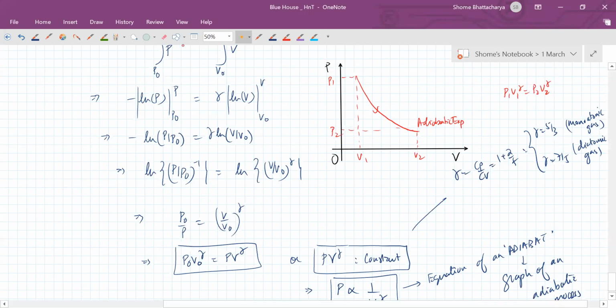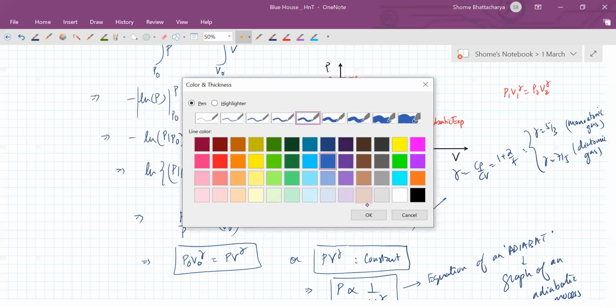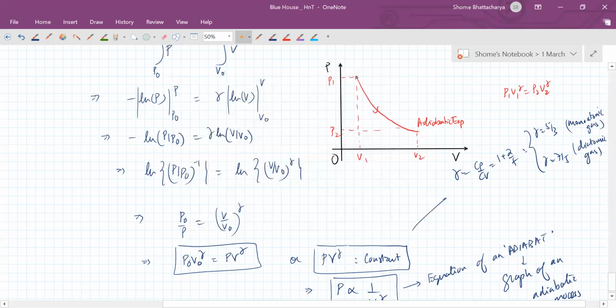Now in comparison to this, if you look at an isotherm, the isotherm would be looking like something like this. This is an isotherm. This drops more sharply, the adiabat, because gamma is greater than 1. See that gamma is greater than 1 always, because it's 1 plus 2 by f.